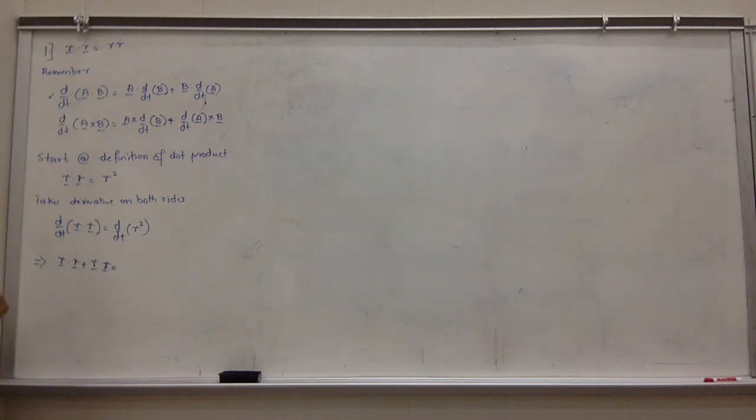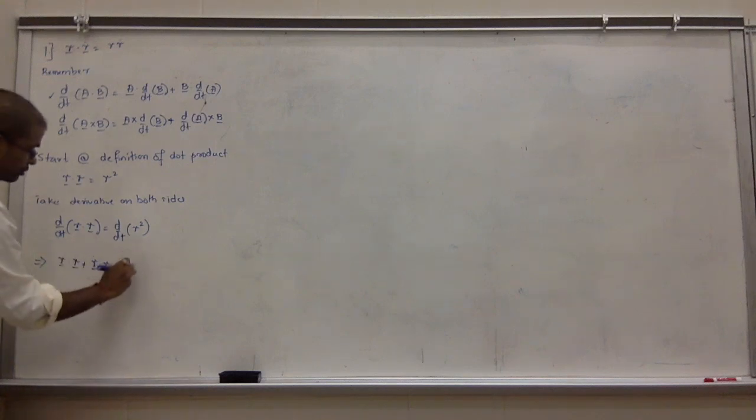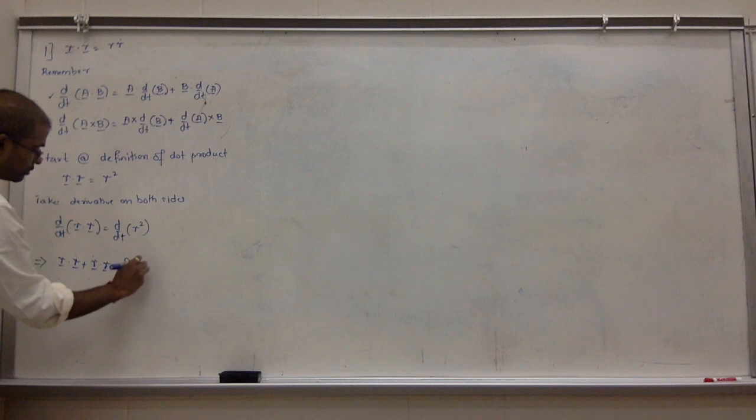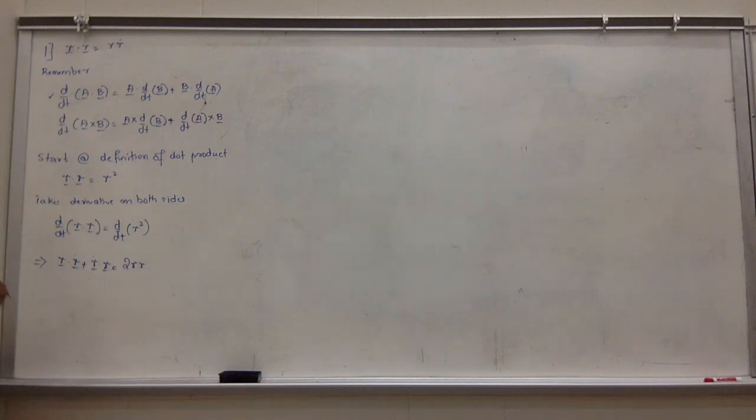So what is the derivative of R square? It is 2 R R dot, right? Because this is an implicit function, you apply the chain rule. Okay.